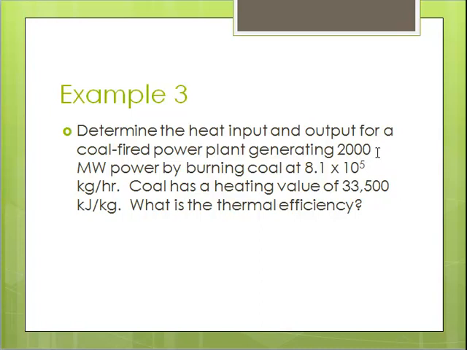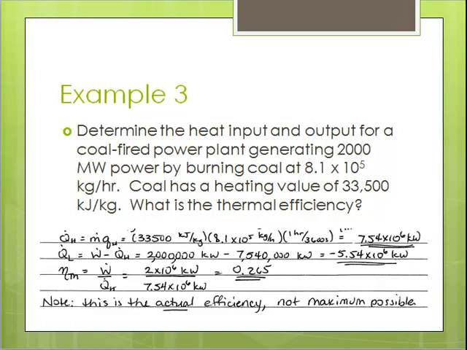I'm going to have to fix the units a little bit because I want this to be dimensionless. But net work over heat transfer in, the rate of m dot times little q, is going to be my thermal efficiency.